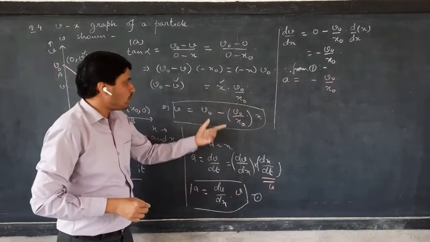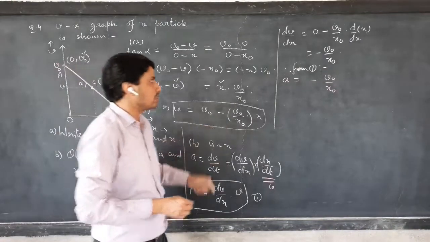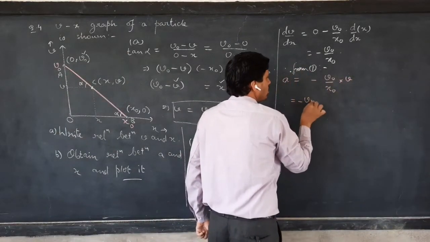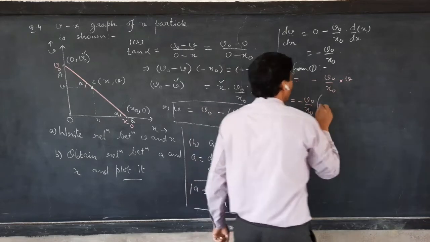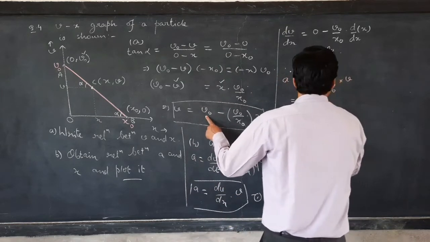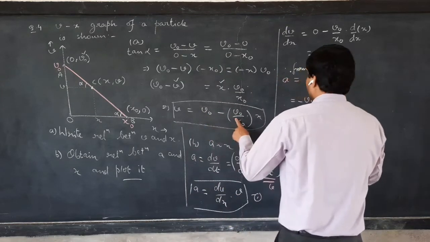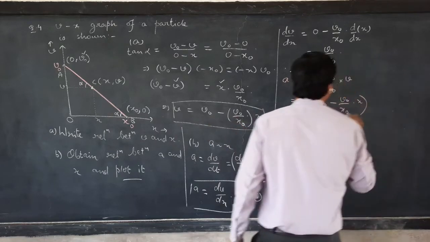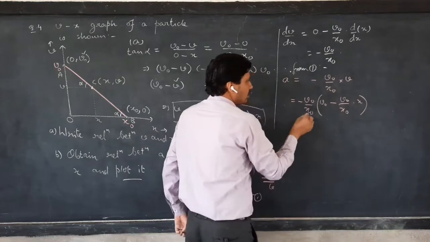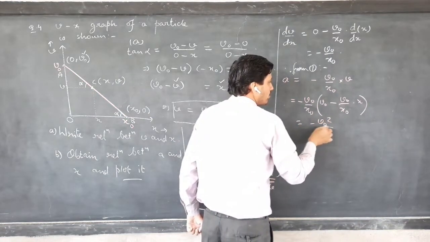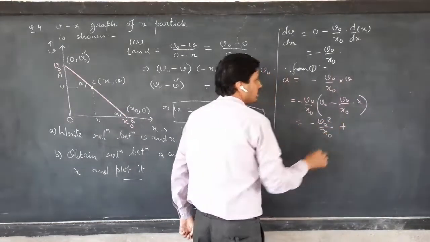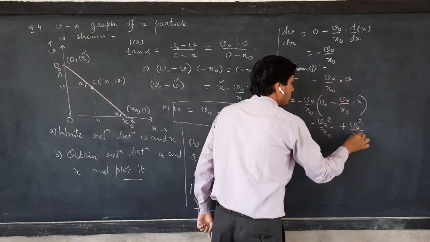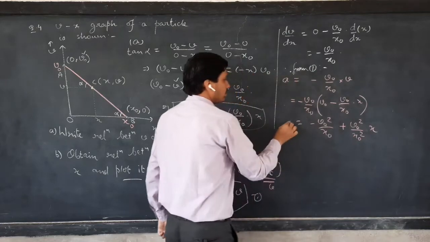Now for the v value, we will put this expression. So this becomes minus v naught by x naught into, instead of v, we will write v naught minus v naught by x naught into x. So this becomes minus v naught square by x naught plus v naught square by x naught square into x.